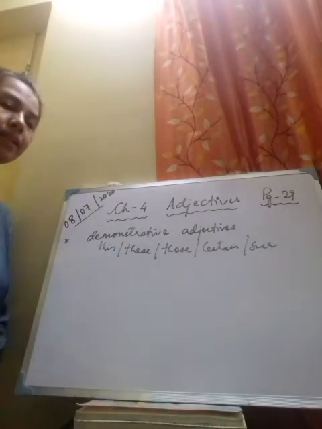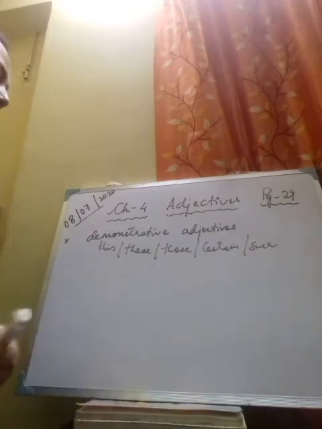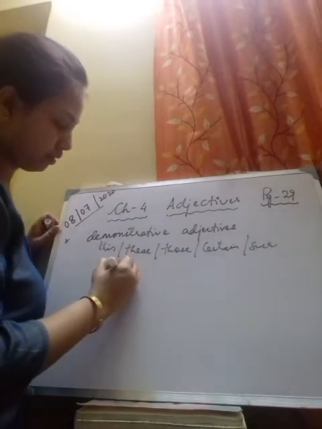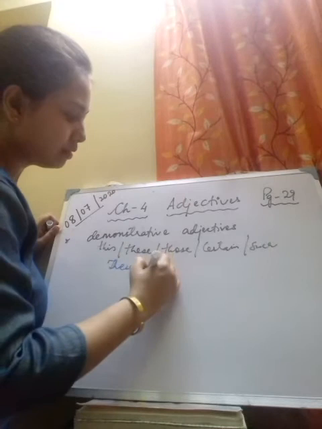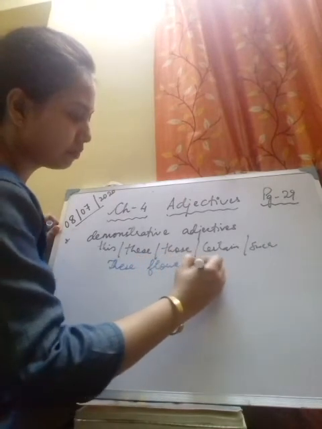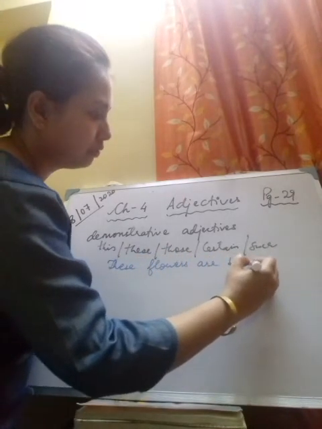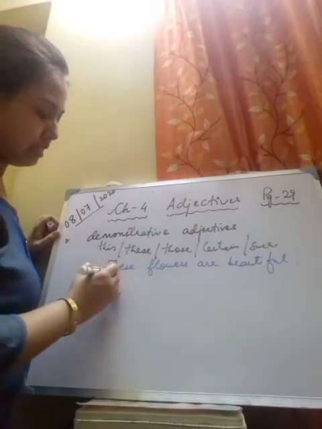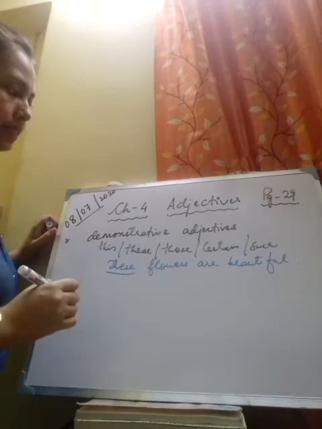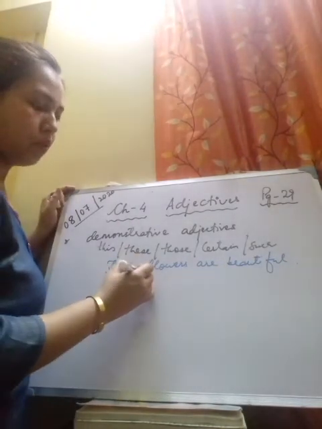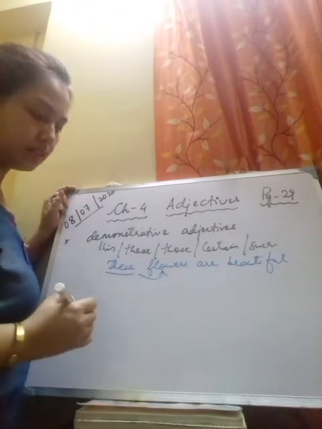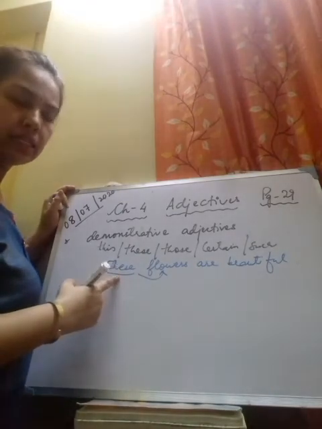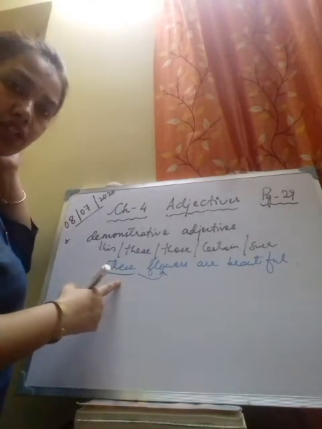Now, let's take an example. Say, these flowers are beautiful. These flowers. These here is the demonstrative adjective that points to the noun flowers. So these here is used as a demonstrative adjective.